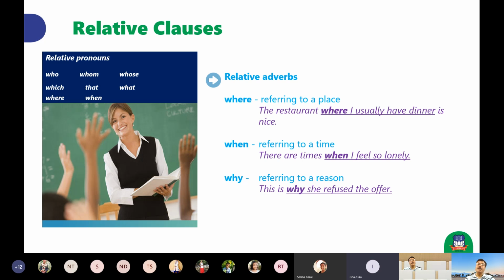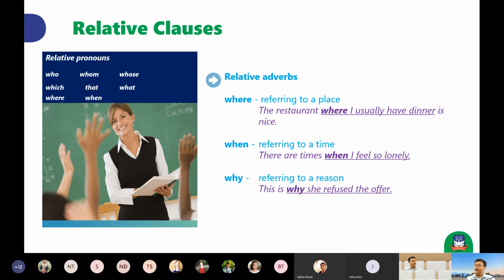Okay. And how do you recognize the relative clause? Relative clause starts with relative pronouns. Good. Yeah, good, good. Go on.